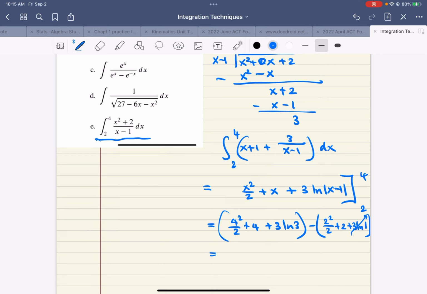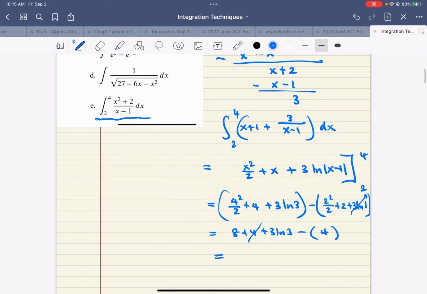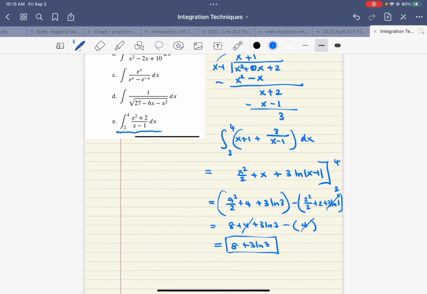This one 16 divided by 2, 8 plus 4, 3 ln 3 minus, and 2 plus 2 is a 4. Okay, so then this 4 cancel out. So 8 plus 3 ln 3 is your final answer. Okay, that's how you're gonna do.